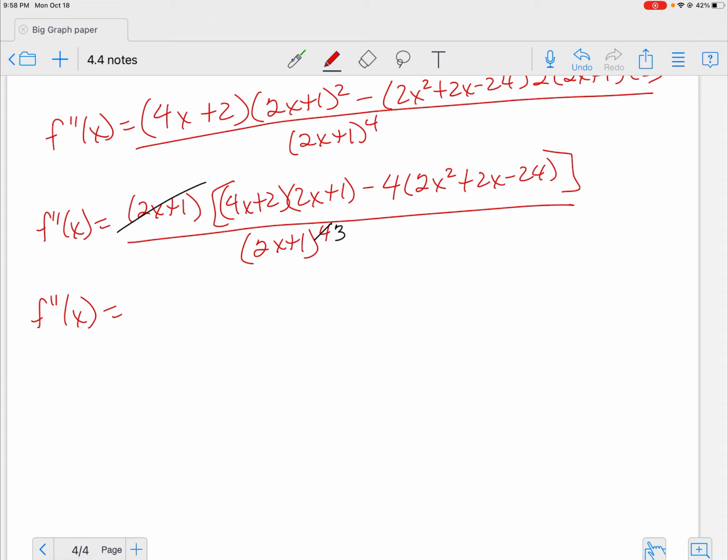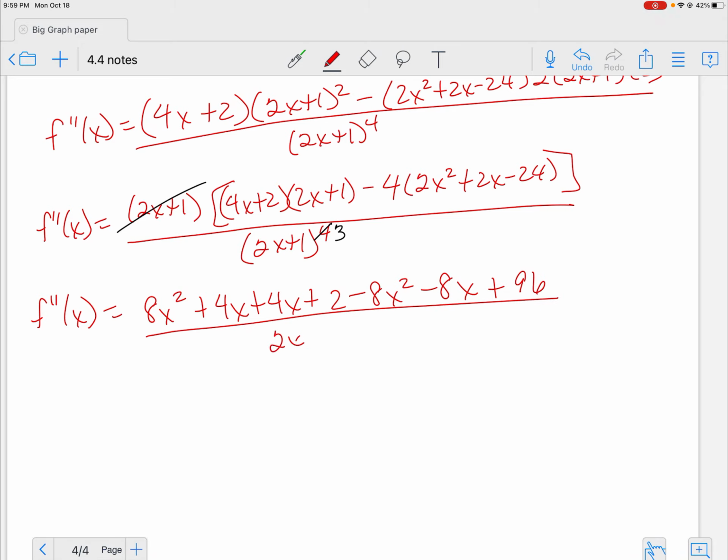My second derivative is going to be an 8x squared plus 4x plus 2 minus, if I distribute that, an 8x squared minus 8x plus, oh my, what's 4 times 24? 96. Check my math.